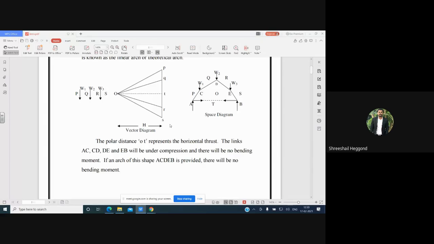If an arch of this shape AB, ACD, EB is provided, there will be no bending moment in each section. If you are considering this type of structure, the bending moment will not be considered for the supports. The bending moment in the supports will be completely zero.